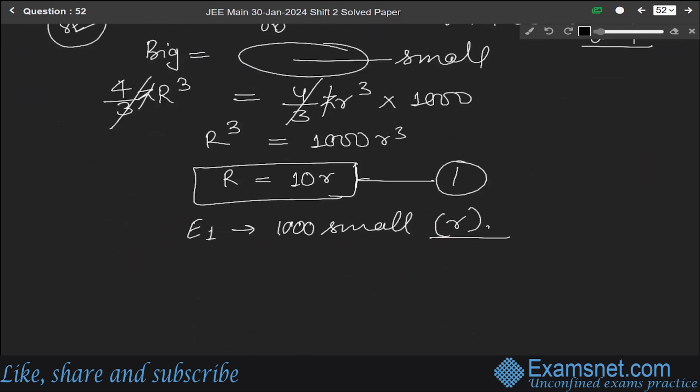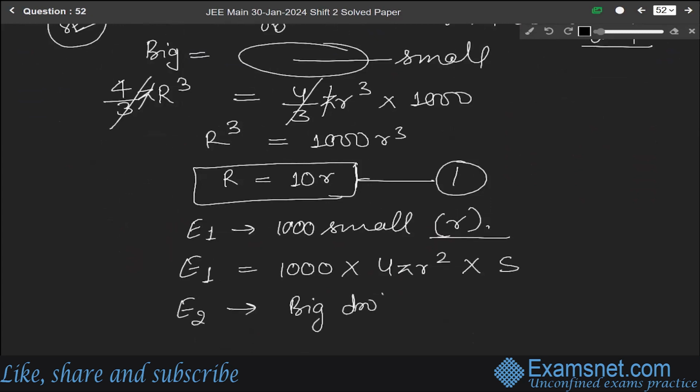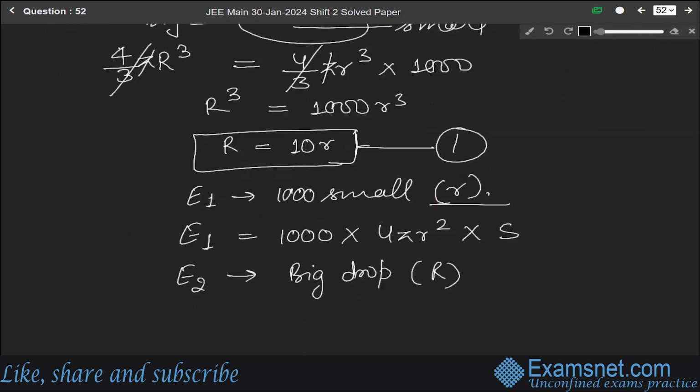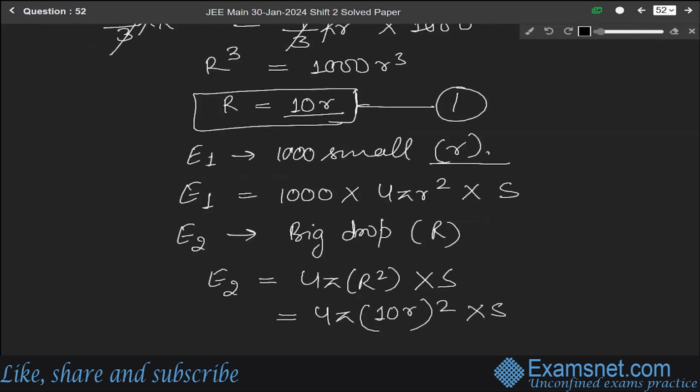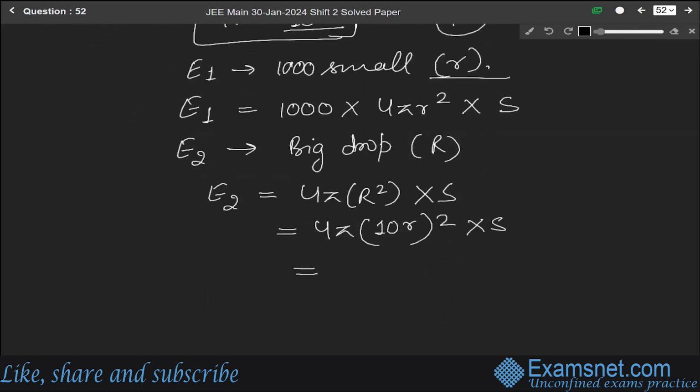So its energy E1 will be equal to 1,000 into area 4 pi r square into surface tension S. E2 is the energy of the big drop having radius capital R. So E2 will be equal to its area 4 pi capital R square into S. Since capital R is equal to 10r, we write 4 pi into 10r whole square into surface tension S.